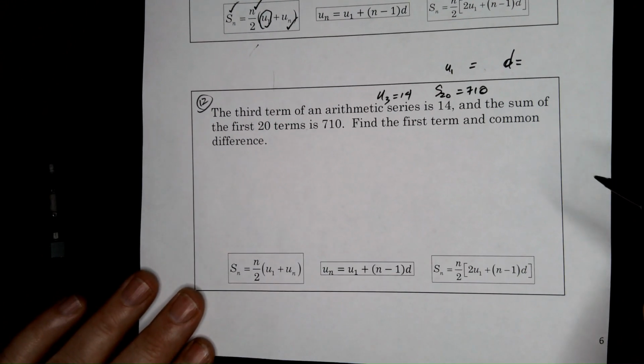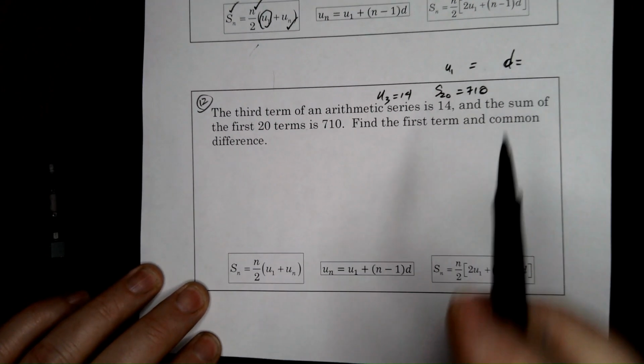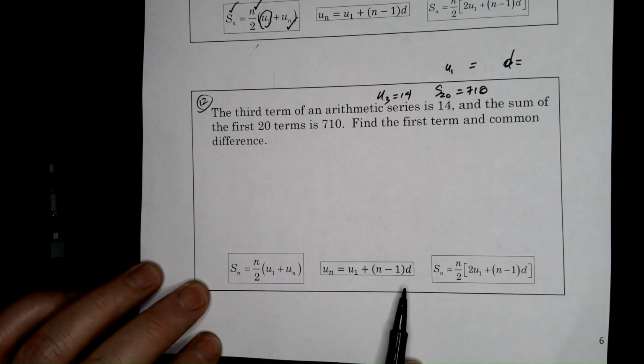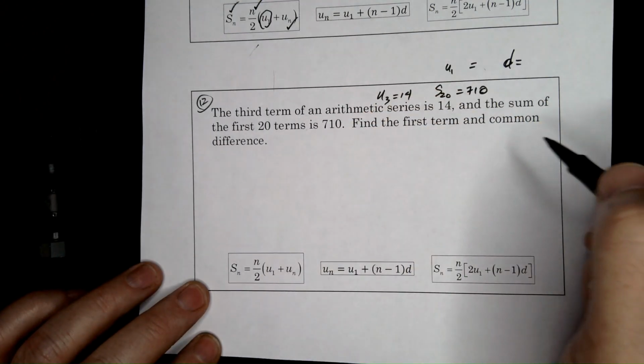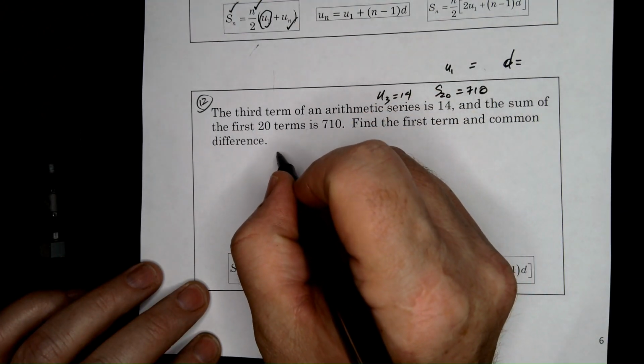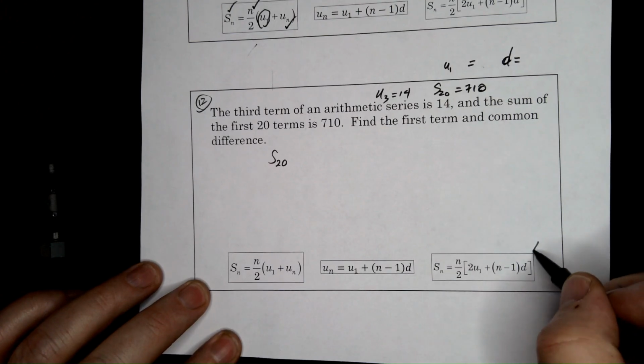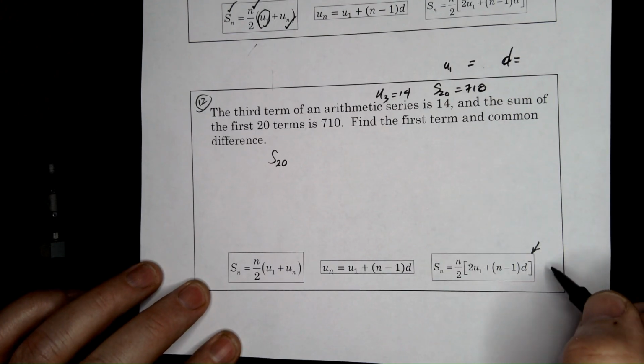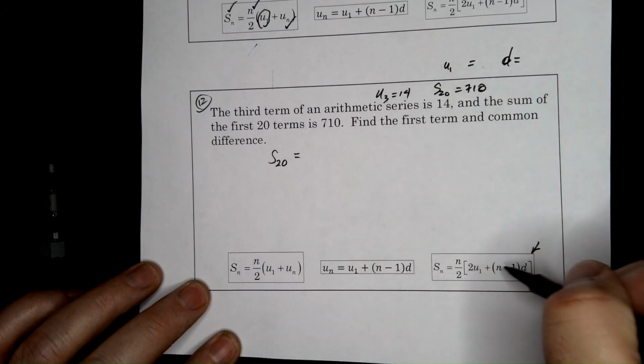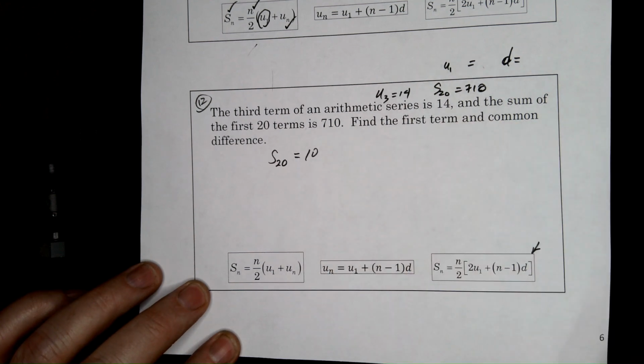All right. Well, when I did this the first time, what I started with was just trying to figure out the sum, like this thing right here. So let's try that. So we've got S20. I don't know the common difference, so actually I'm going to use this one right here. S20 equals 20 over 2, that's 10, right?